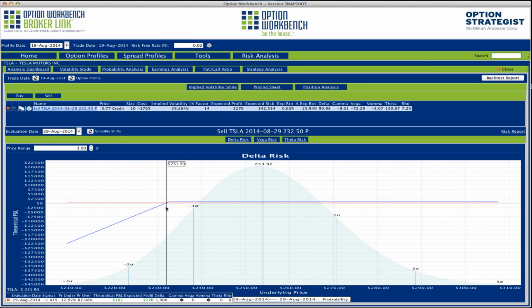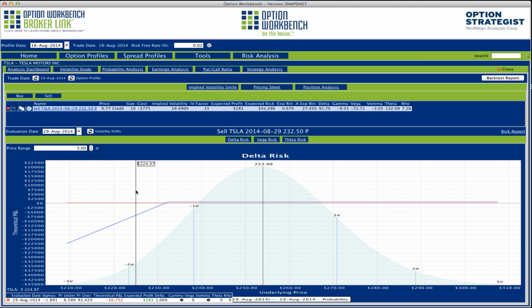So that gives me a lot of downside protection right there. But I still don't like the fact that I have this break even that's so close to the strike that I'm selling, as well as this, in case there's a black swan, complete market meltdown, I got a lot of risk on the downside here.